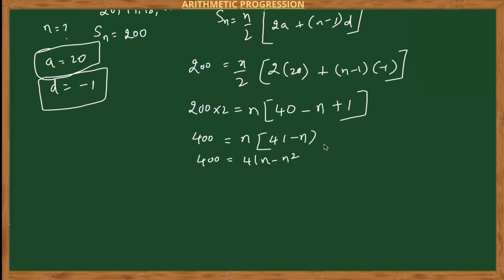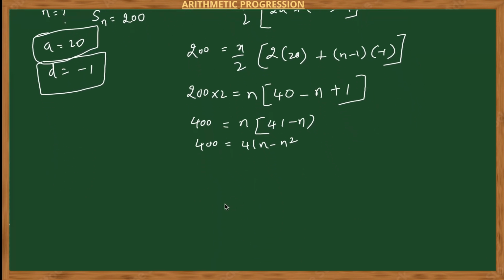This is coming to our quadratic equation. Let's bring everything to one side: n square minus 41n plus 400 equals 0.